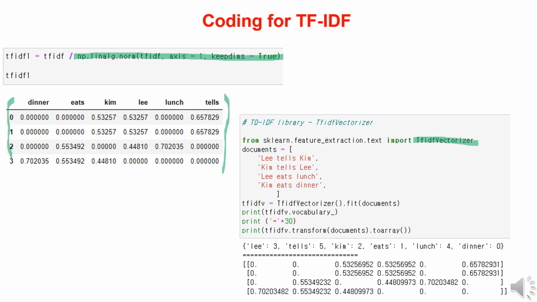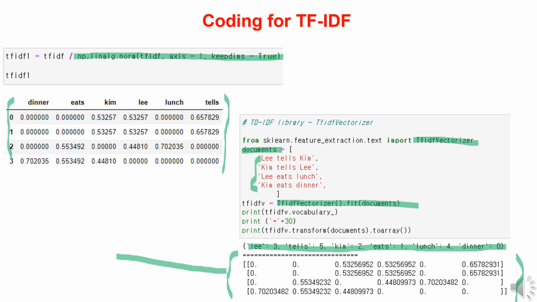If you store these 4 sentences in the documents variable and execute the TF-IDF vectorizer command, you can obtain a vocabulary list with duplicates removed and their corresponding indices. Finally, you can get the TF-IDF values in matrix form, which will be equivalent to what you calculated earlier using the count vectorizer library.